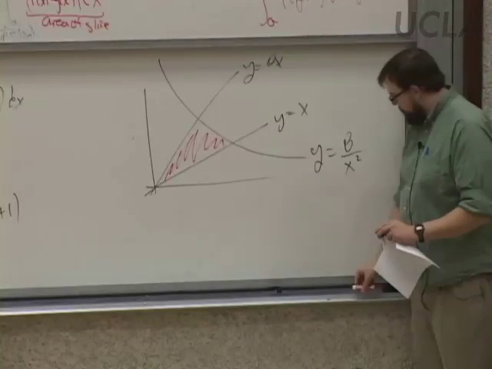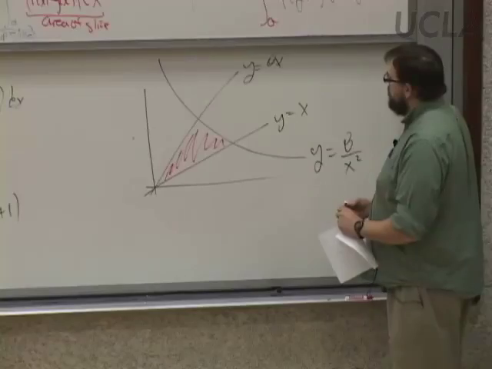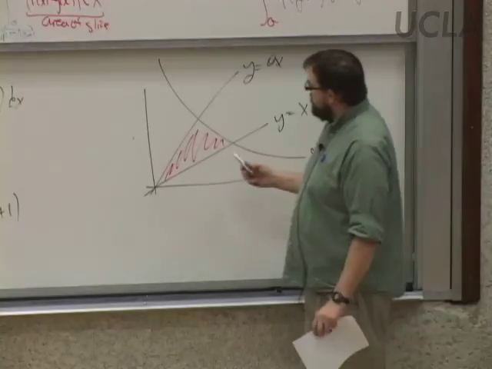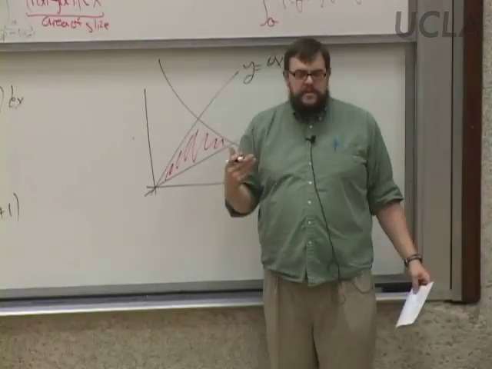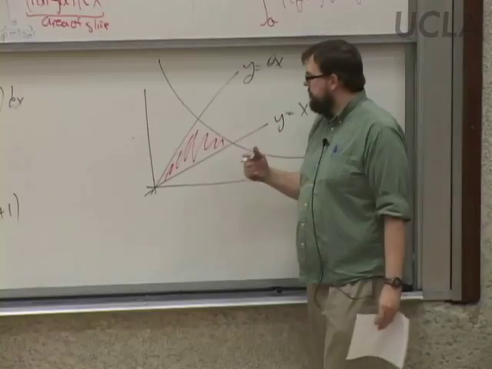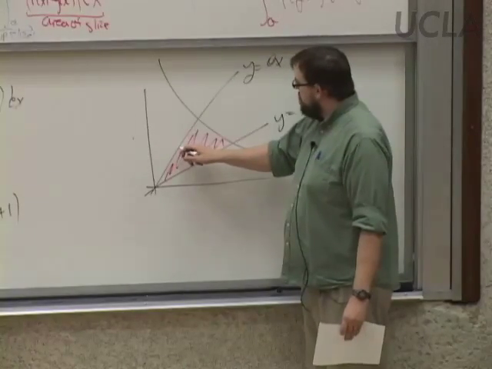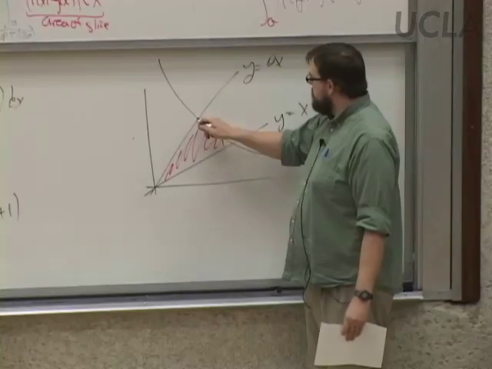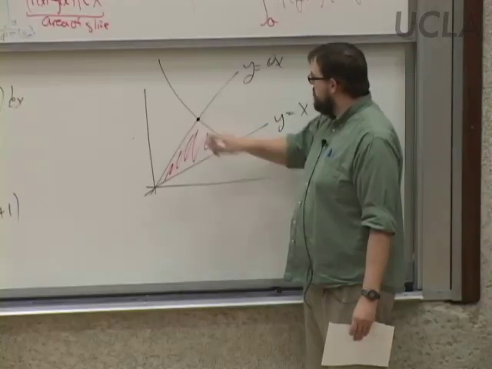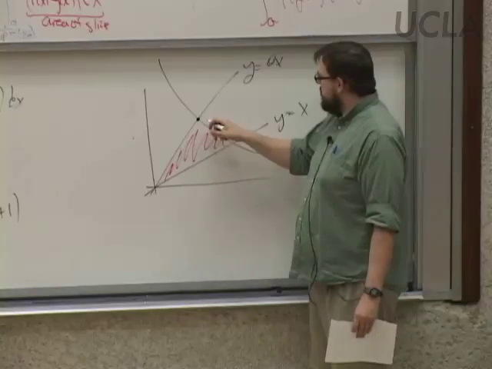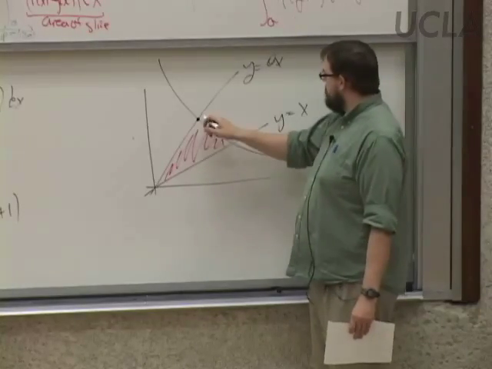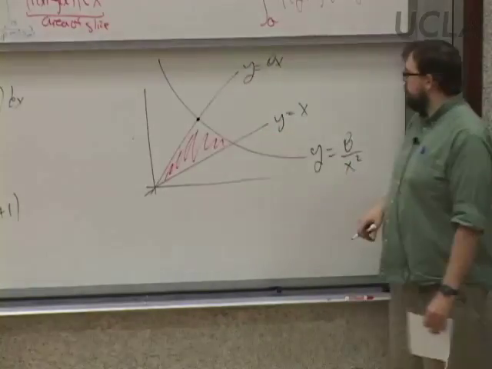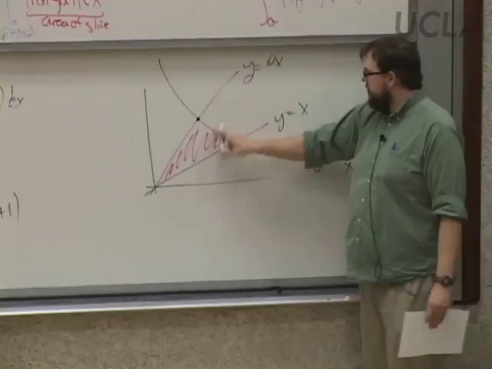So how can we do it? Well, the trick is just to realize that on doing these kinds of problems, I'm always taking top minus bottom. So here, I see that top minus the bottom is 8x minus x. And it's still 8x minus x. But then somehow at this point, it changes. So that instead of going from 8x minus x, I now go to the 8 over x squared curve minus x.